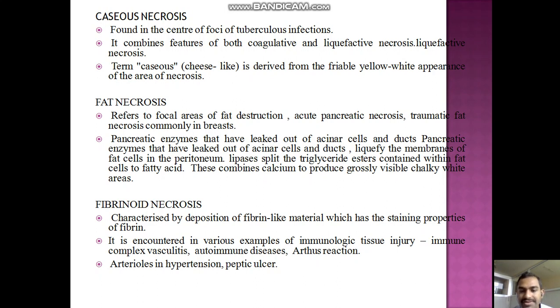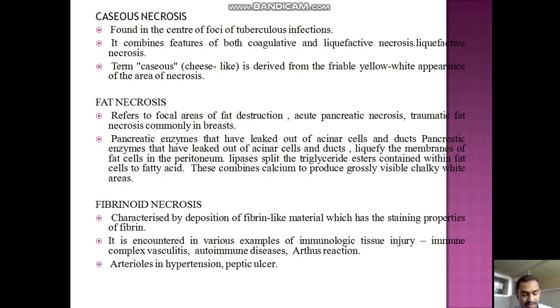Lipases split the triglyceride esters contained within fat cells to fatty acids. These combine with calcium to produce grossly visible chalky white areas. So this point is under fat necrosis.